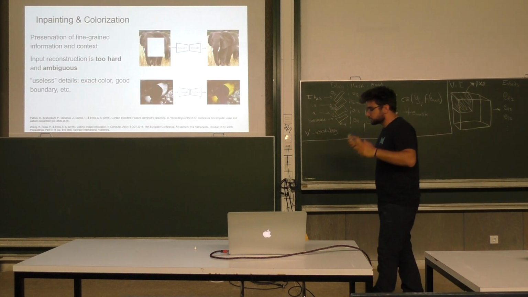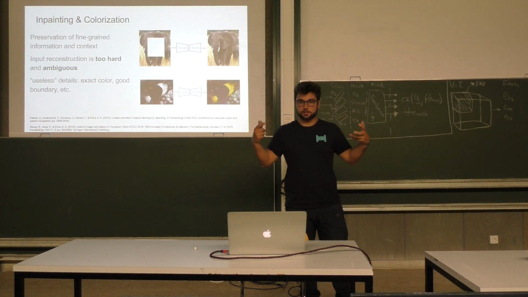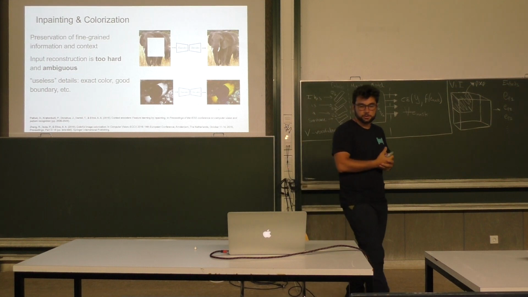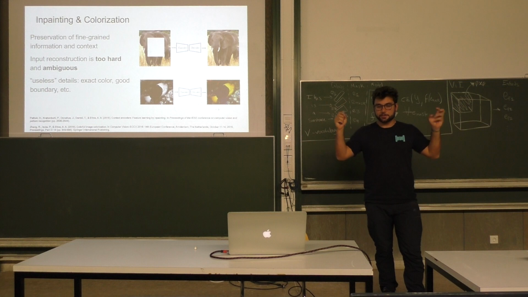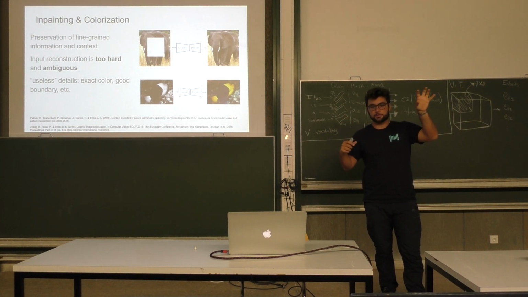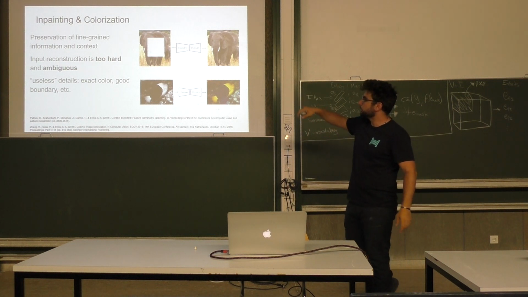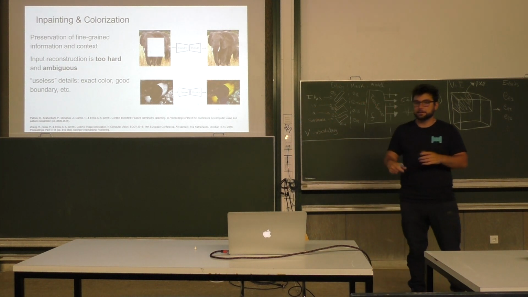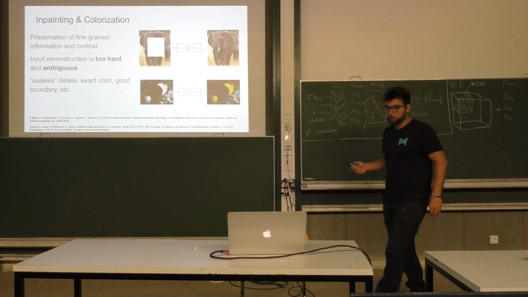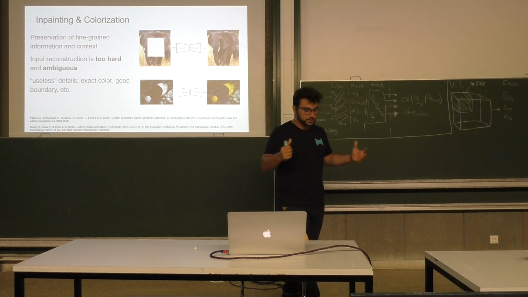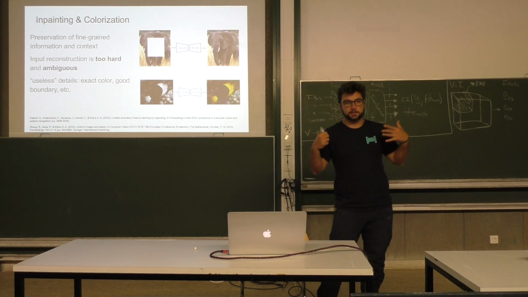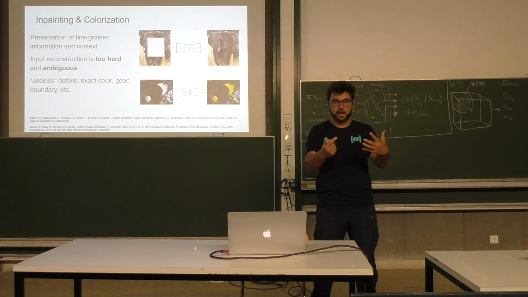Okay, then we switched to harder tasks. We saw colorization and the generative task of predicting the actual values of some parts of the image with inpainting. Here we ask the model to do a much harder, generative task.